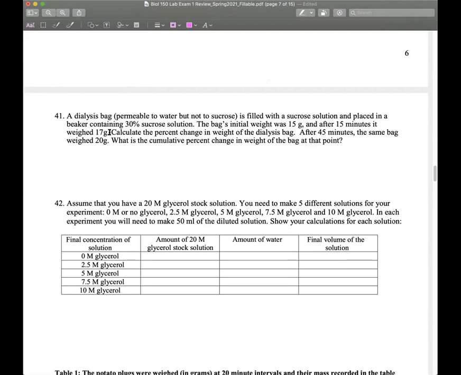And then it wants us to calculate the percent change in the weight. And then after 45 minutes, again, what is the percent change in weight? So how do we calculate percent change? What is the formula?